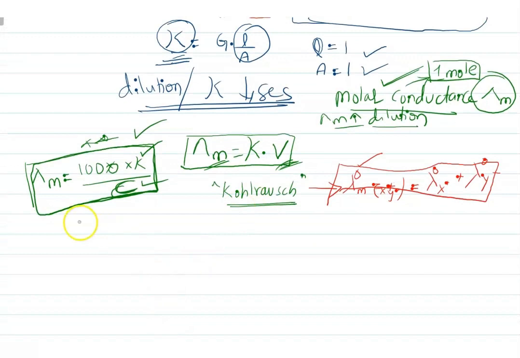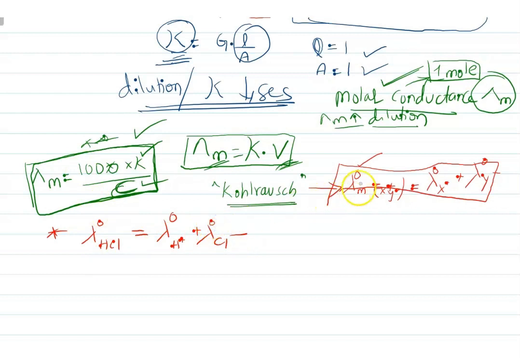So what is the importance of KOHLRAUSCH law? For example, if I take KOHLRAUSCH law using a strong electrolyte, that is HCl, it is equal to limiting molar conductivity of H plus plus limiting molar conductivity of Cl minus. For KCl you can write K plus plus Cl minus limiting molar conductance.